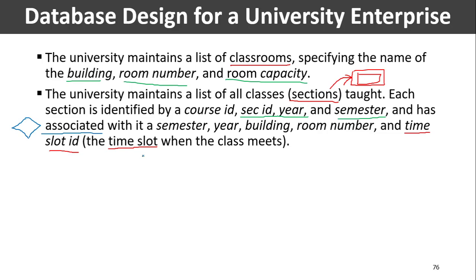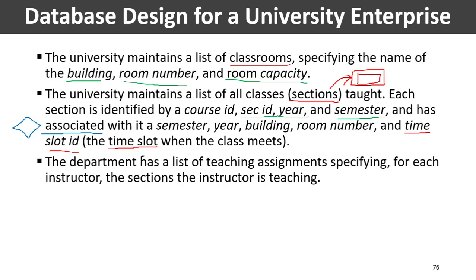Okay, now next, the department has a list of teaching assignments specifying for each instructor the sections the instructor is teaching. I'll repeat, the department has a list of teaching assignments specifying for each instructor the sections the instructor is teaching.